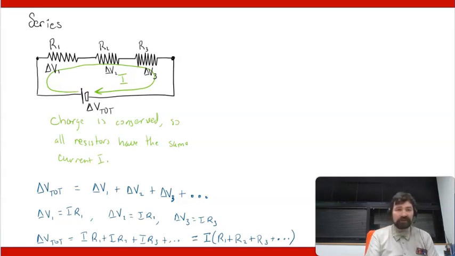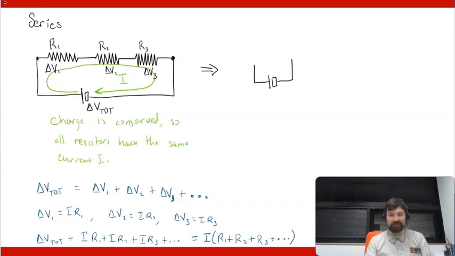Now, the idea behind this equivalent circuit analysis is that we should be able to take this existing circuit and take all the resistors out and then hook up to a new equivalent resistor, and that equivalent resistor will have the same current pull as this series did from the same battery or power supply.